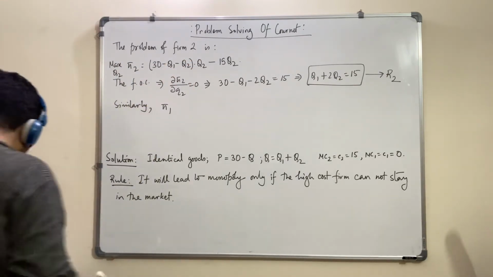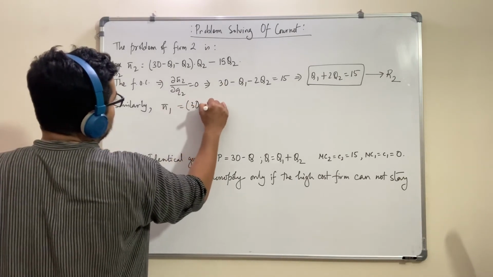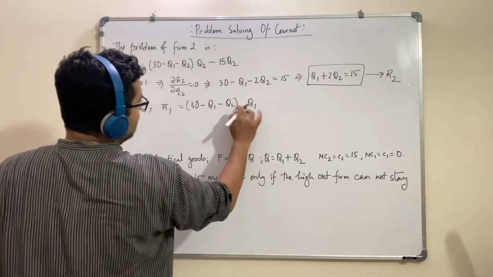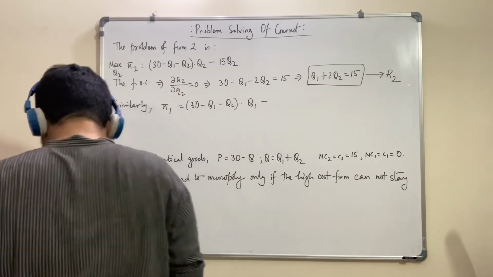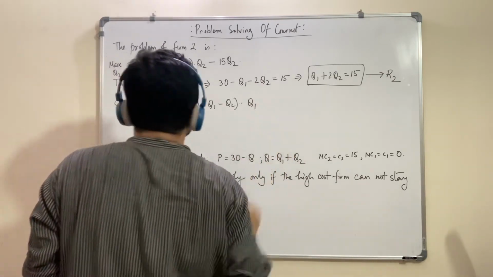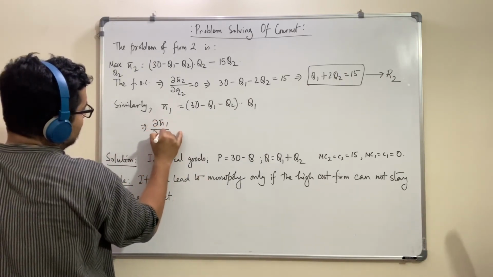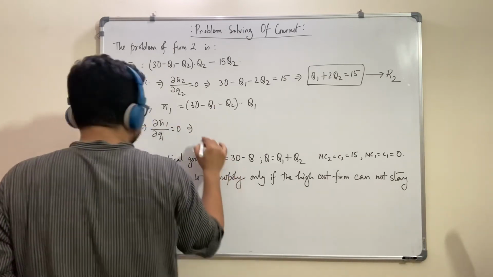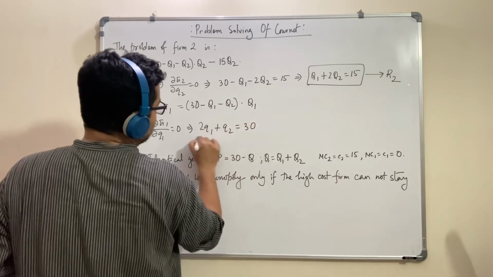Anyway, so similarly pi 1 is equal to 30. Everything is the same except here it will be multiplied by Q1, and minus, well, the MC is 0, so there is 0, which implies that del pi 1 del Q1 equals 0, which implies 2Q1 plus Q2 equals 30.